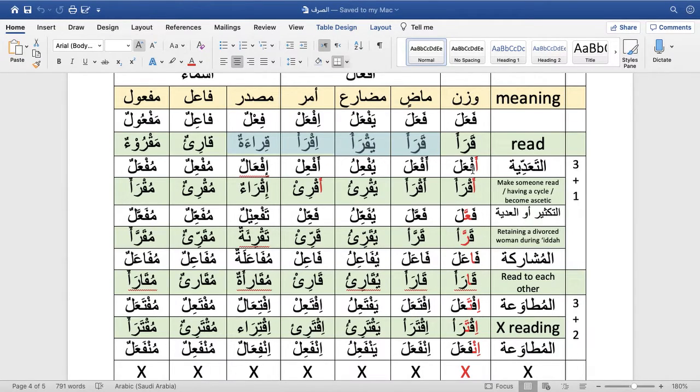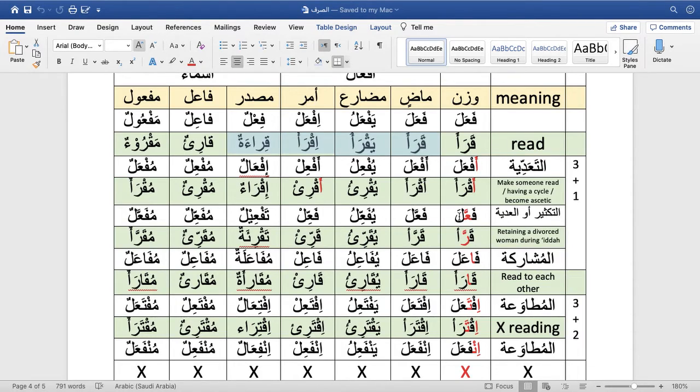Amsa, to enter into the evening. Misrun is a village. Amsara is to enter into the village, etc. So here, aqra'a can mean to enter into asceticism. So aqra'a, mudari' yuqri'u, aqri' and iqra'un. The fa'il is muqri'un and the maf'ul is muqra'un.